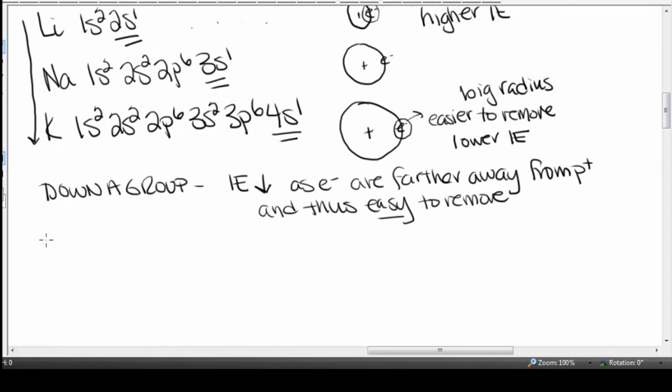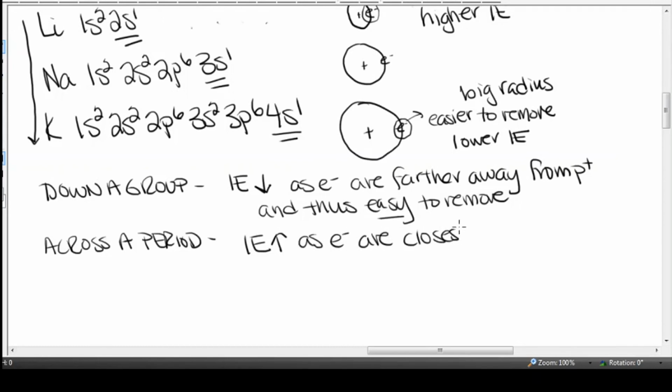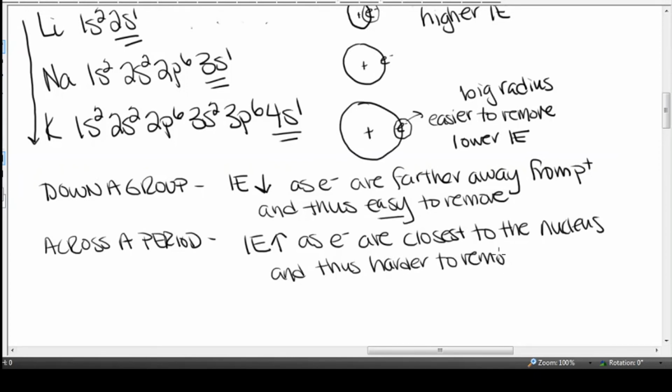And then across a period, ionization energy increases as electrons are closest to the nucleus and thus harder to remove.